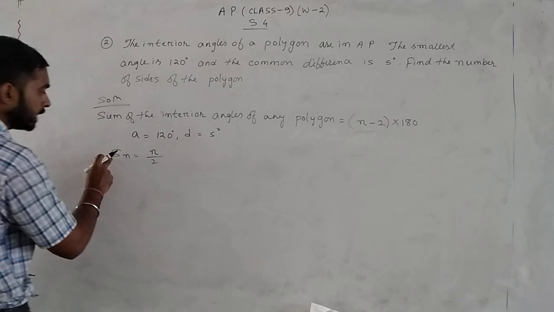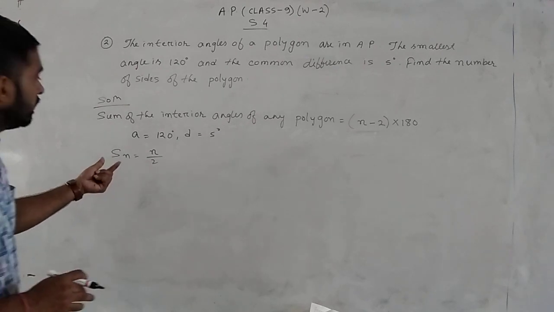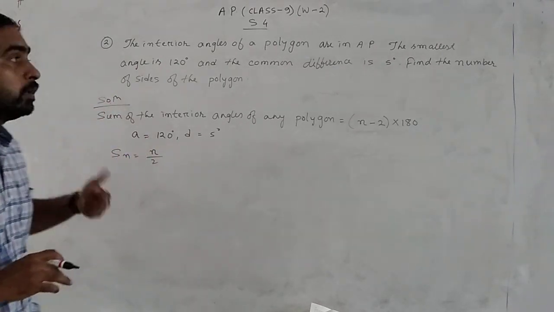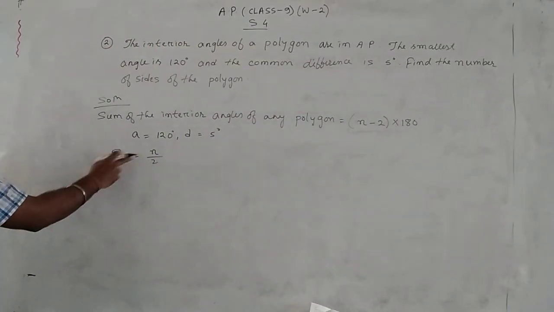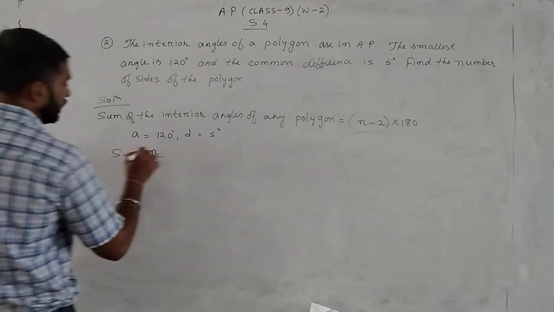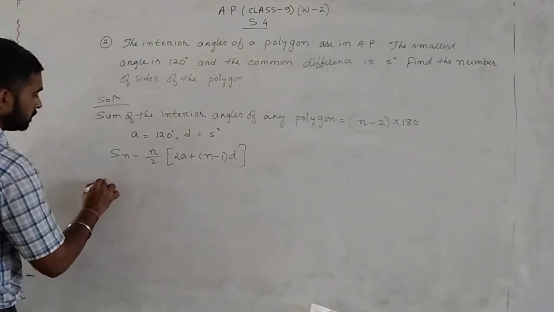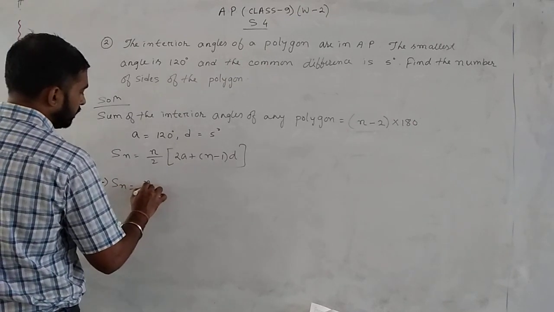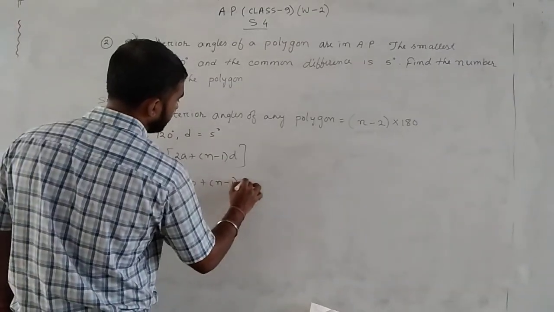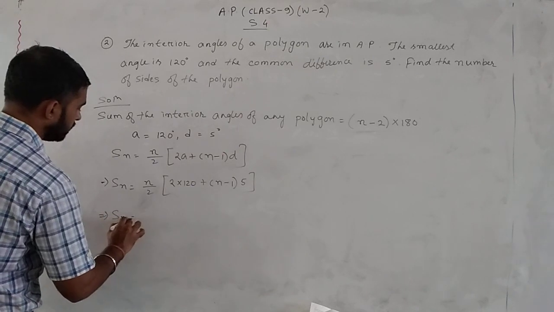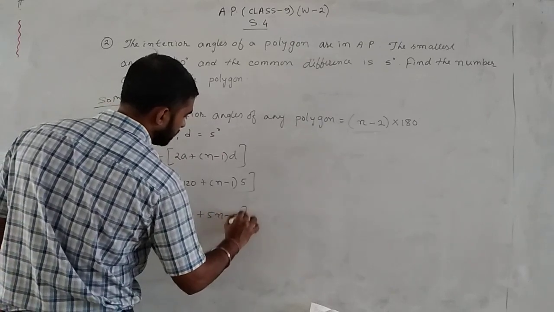Here Sn represents the sum of the interior angles of the polygon, because the first angle 120 and common difference 5 degrees are given. So Sn equal to n by 2 into (2a plus (n minus 1)d), that is n by 2 into (240 degrees plus 5n minus 5).